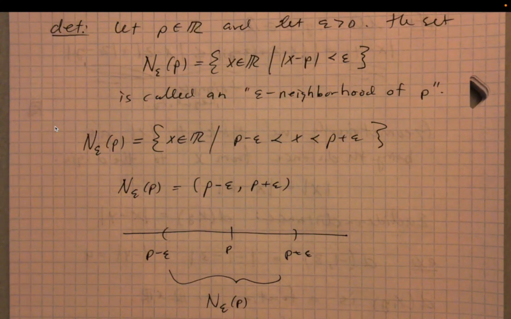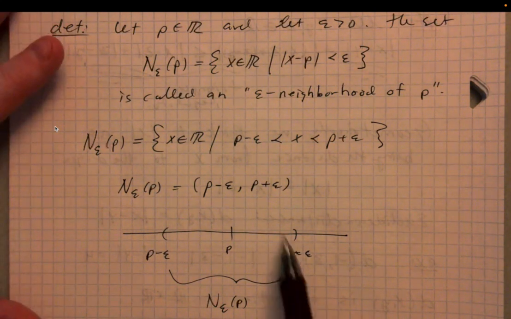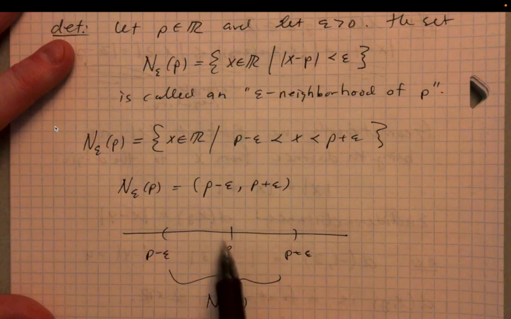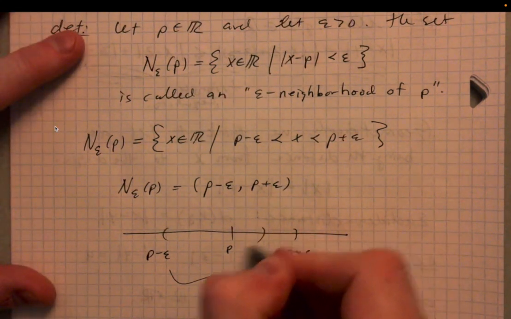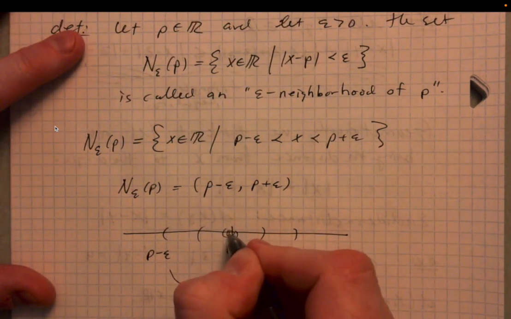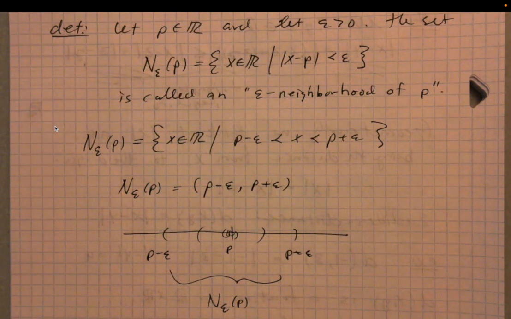Epsilon could be the value 0.00001, it could be 0.000000001, however small. So what we mean by an epsilon neighborhood is an arbitrarily small open interval around P, as tiny as you like. And in most applications of the concept of an epsilon neighborhood, we really do mean a very tiny interval about P.